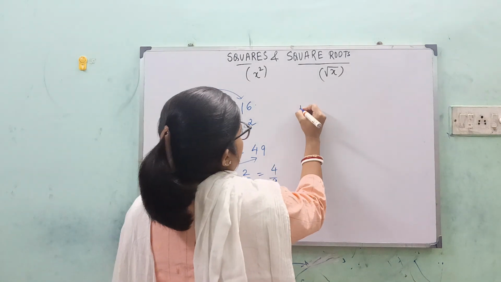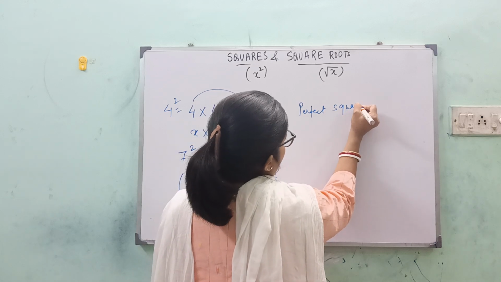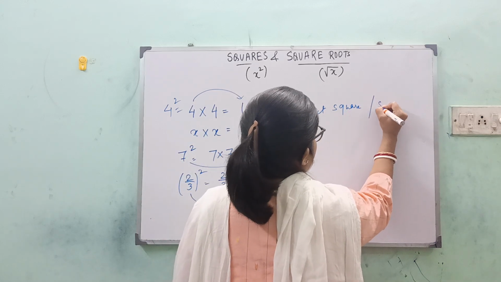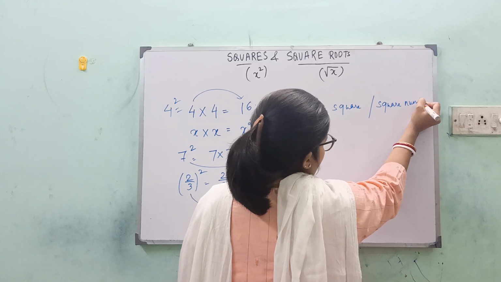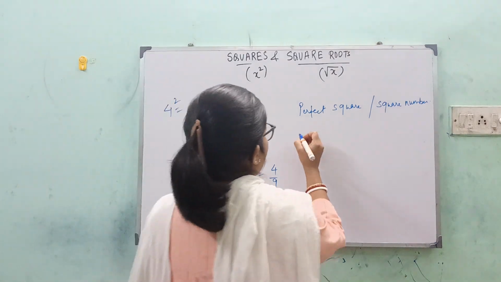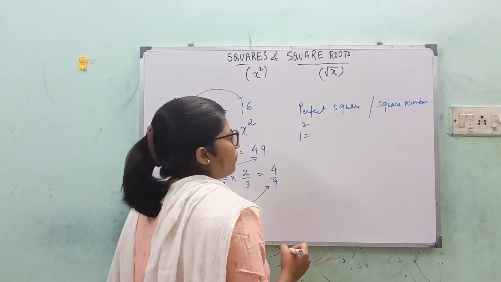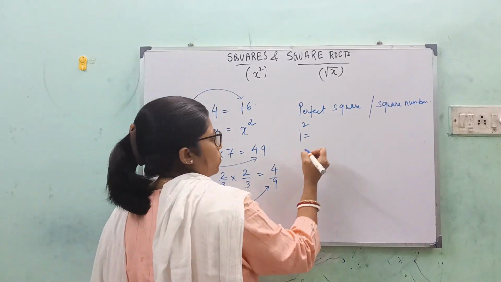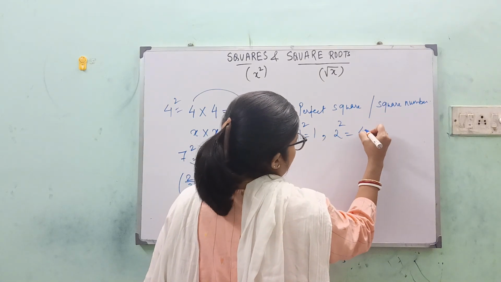Now the numbers, perfect square. There are some numbers called perfect squares, or we can say square numbers. Now what are these? Perfect squares or square numbers. Now we know what a natural number is, starting from 1. So if I take the square of the first natural number, that is 1 square, its value is 1. The next natural number is 2 square, that is 4.